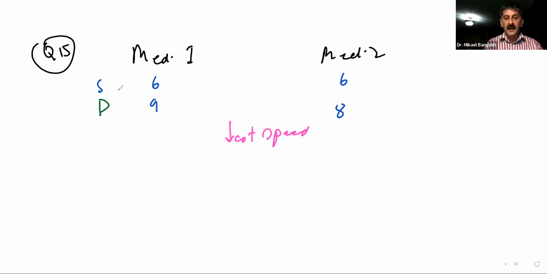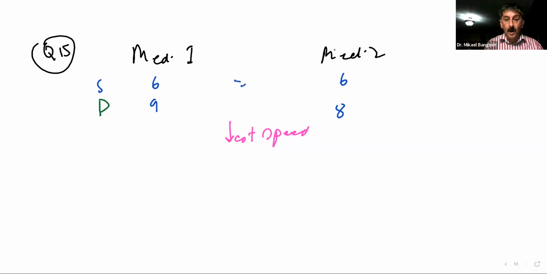But what we see here is that both media have the same stiffness. So the stiffness affecting the propagation speed is going to be the same for both media. Clear? So the stiffness here is the same.